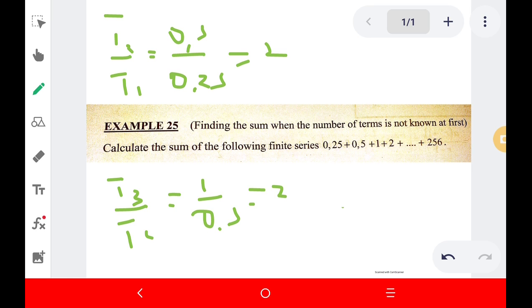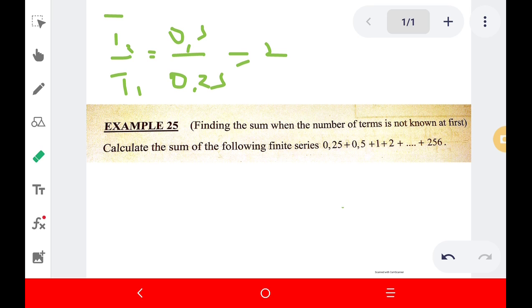It gives us a 2, which clearly tells us that it's a geometric series. Now, since we're dealing with a geometric series, we have a summation formula that we can use.